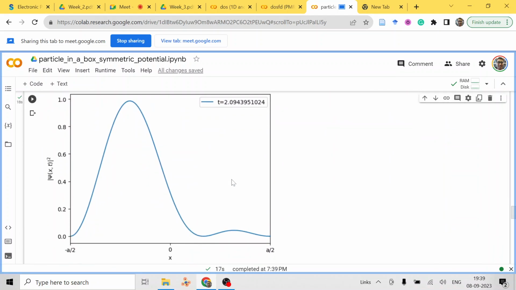Okay, it has gone from left to right, and from right to left it has gone.